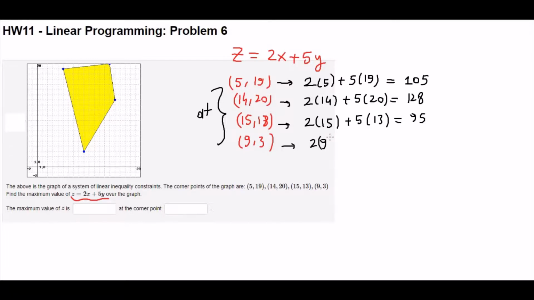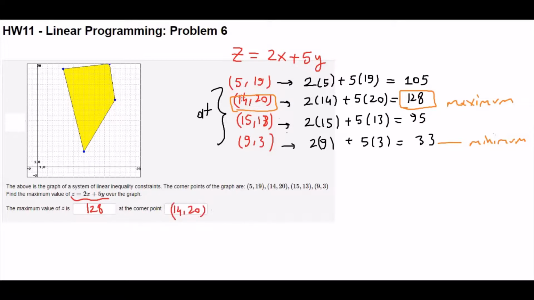Finally, 2 times 9 plus 5 times 3 is equal to 33. Since this is the highest value, at this corner is our maximum, and this is our minimum. So the maximum value of z is 128 at the corner point (14, 20) here.